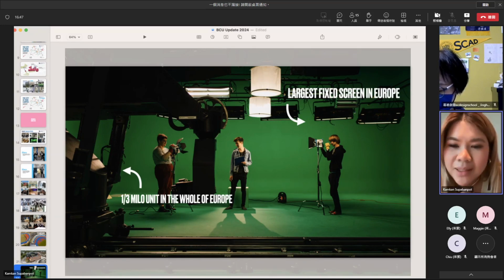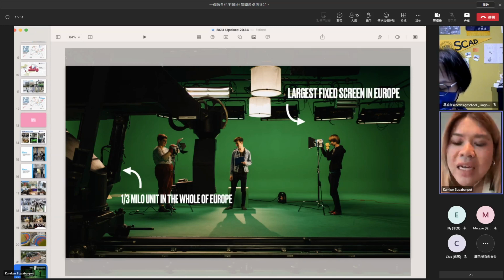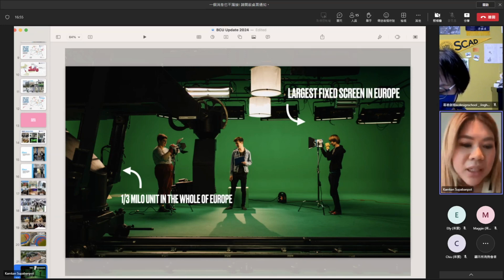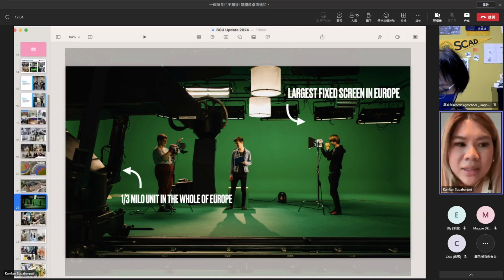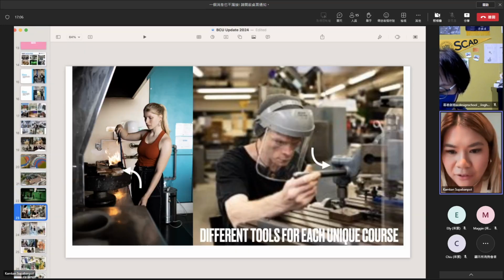We invest in these design equipment so that the industry can actually rent our space, our equipment, but the condition is that we want them to also hire you guys as our students to actually take part in these projects that they have.